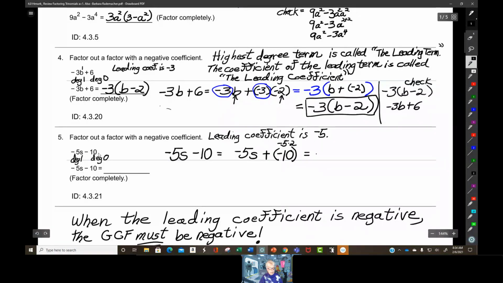So negative 5s minus 10, what we started with, equals negative 5s plus negative 10, negative 5, I'm sorry. Equals negative 5 times positive 2.